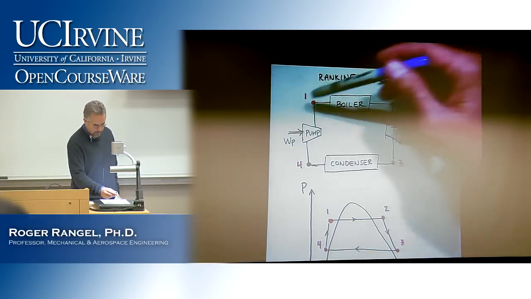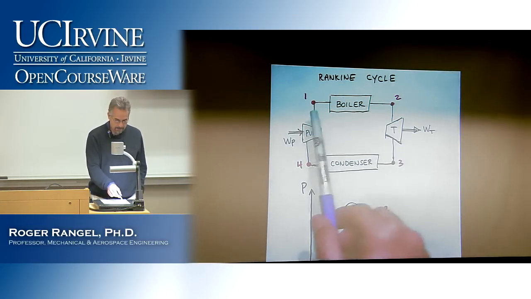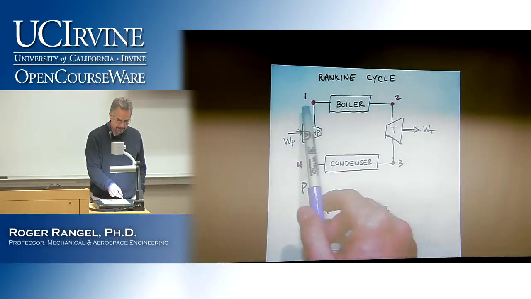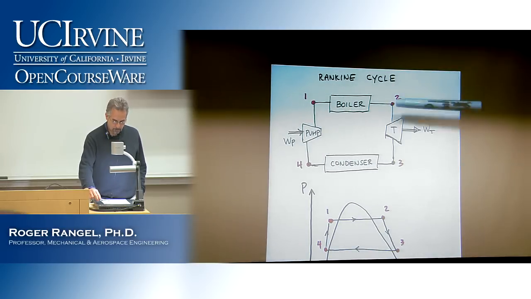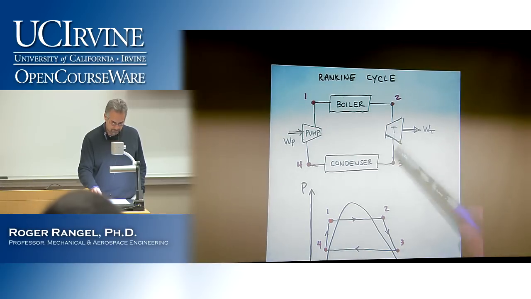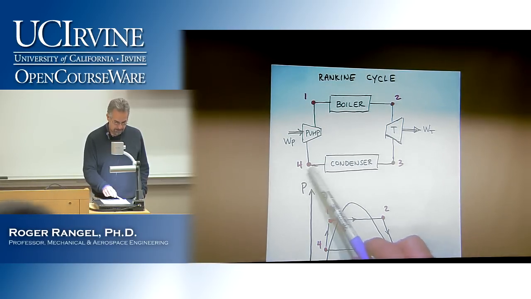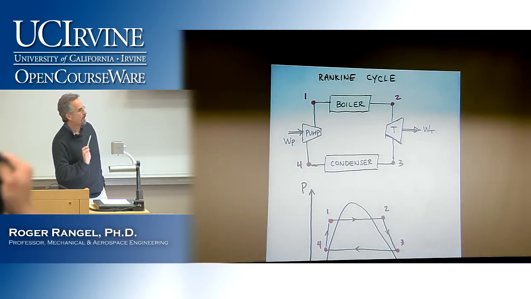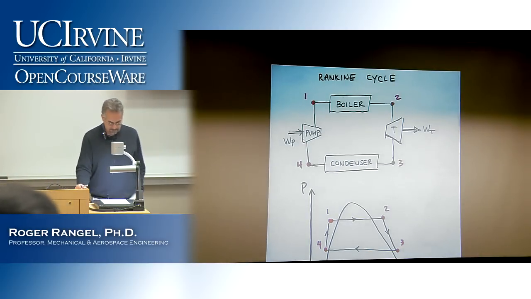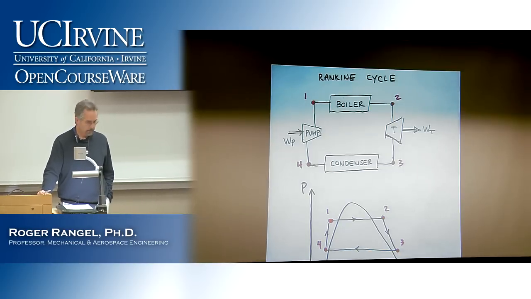So I have labeled 1, 2, 3, and 4, as you can see here. 1 being the place where the liquid goes into the boiler, 2 as it comes out of the boiler and goes into the turbine, and then 3 after the turbine, before the condenser, and 4 after the condenser and before the pump. So this is a very simplified version of what this power cycle would look like.